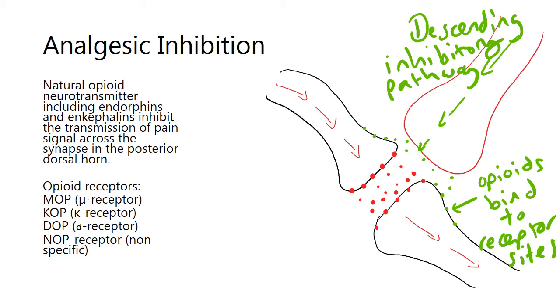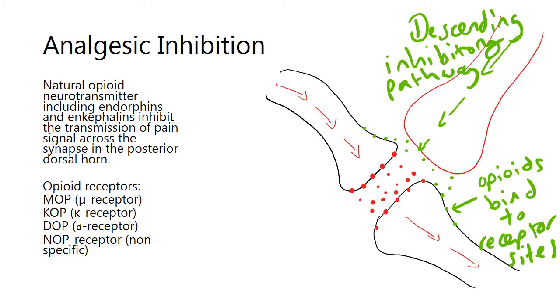So this is why we see respiratory depression signs in our patients. So for example, when we administer intravenous morphine, we need to be monitoring our patients' respiratory rate and oxygen saturations because of the respiratory depression that we see as a result of stimulating these MOP receptors. We also see constipation due to a reduction in secretions and a reduction in peristalsis, and we see cardiovascular depression as well.